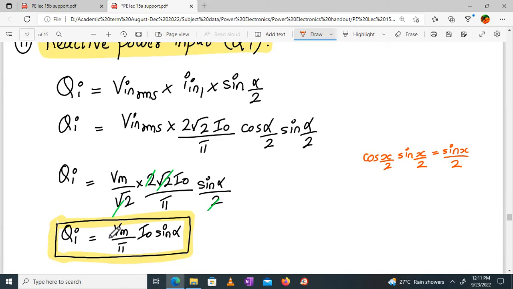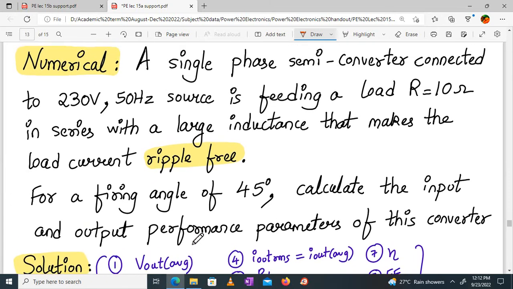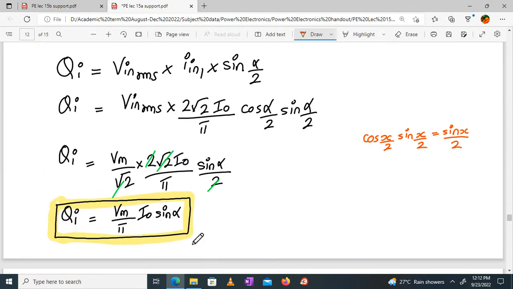And write down it is Vm upon pi I naught sin alpha. This is the last; after it is directly numerical. QI is Vm upon pi I naught sin alpha. Completed? Write down quickly.